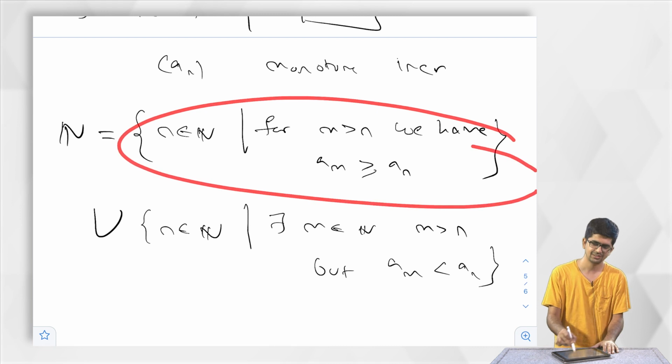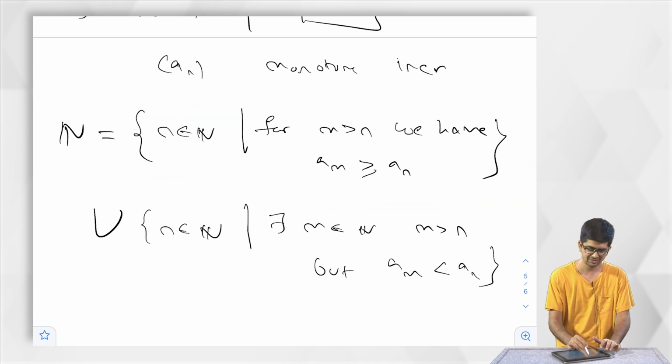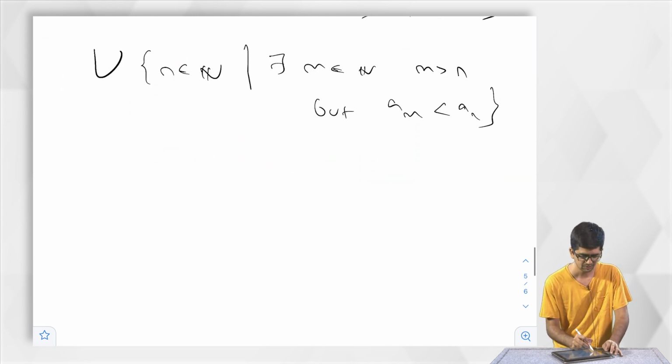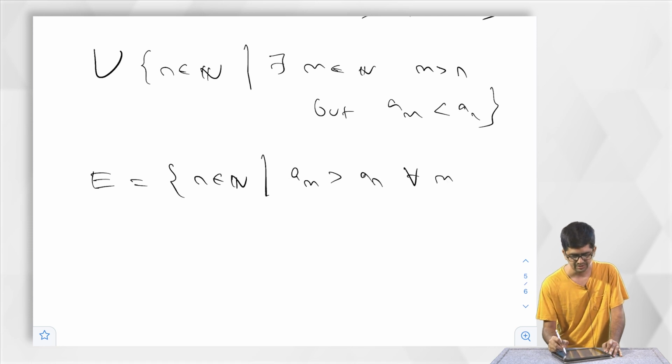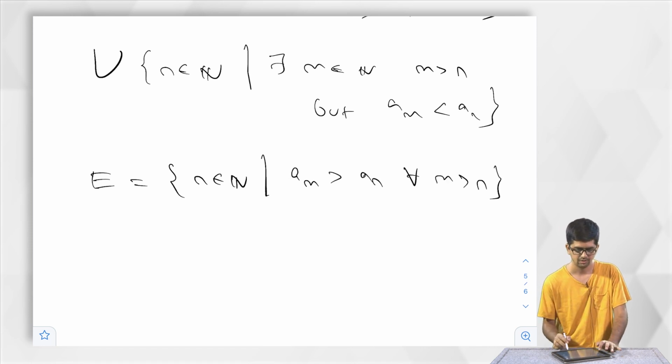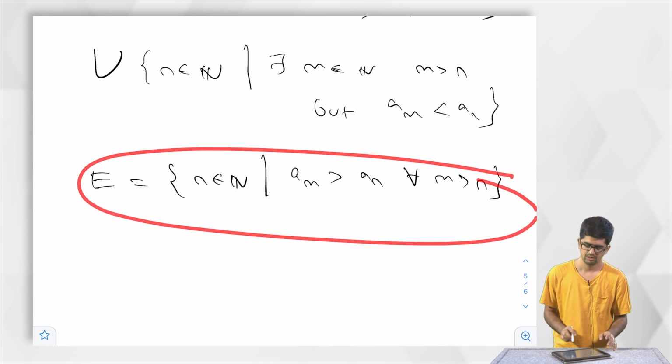This person is supporting us. So, let us work with this. E is equal to the set of n belongs to N such that a_m is greater than a_n for every m greater than n. This is the situation.